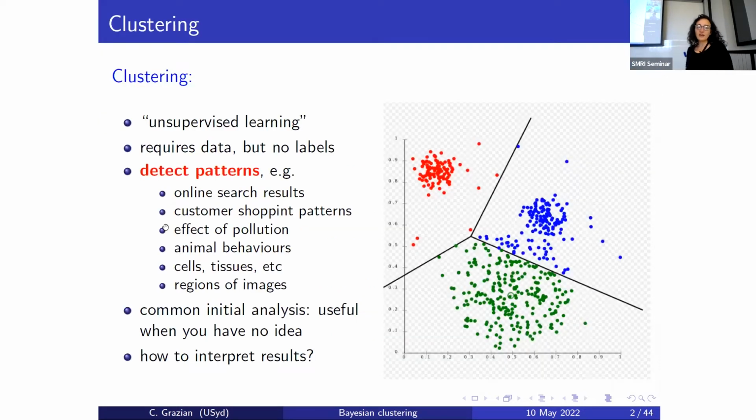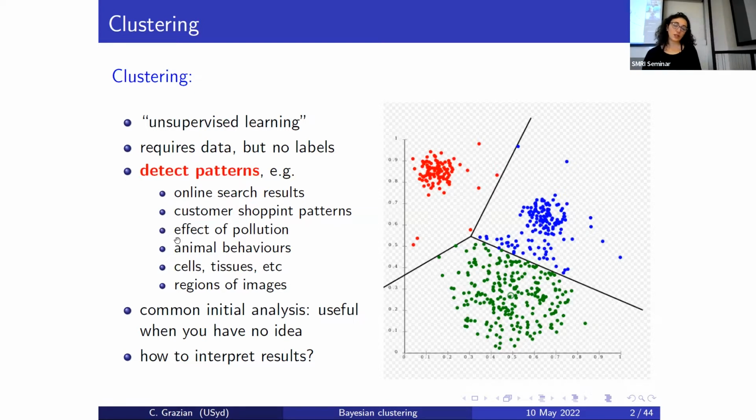Clustering is also known as unsupervised learning, mostly in machine learning. It's known in one way in statistics and in another in machine learning. The idea is that we have some data, but we don't have labels for the data, but they can actually be split into groups, and we can detect some patterns in the data.